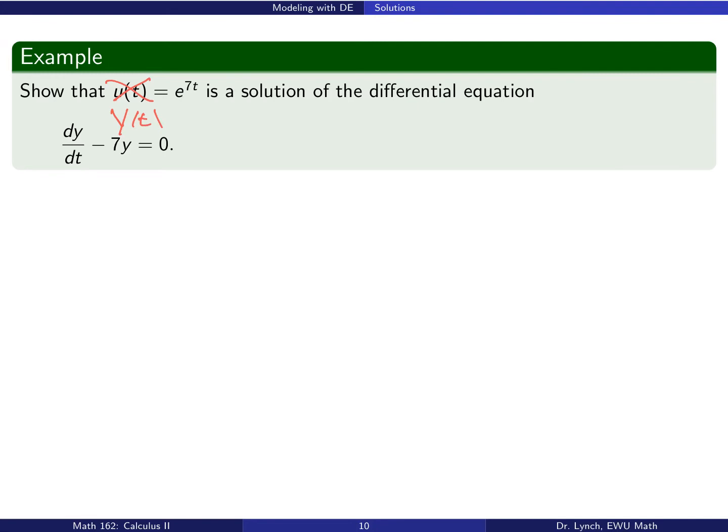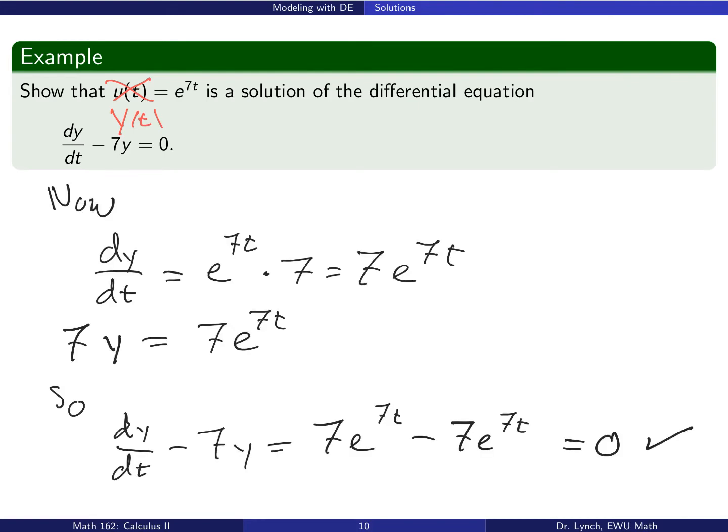Now, we know how to take derivatives of these functions since we know how to take derivatives of exponential functions. Since dy dt is 7e to the 7t, we can see that dy dt minus 7y is just 7e to the 7t minus 7e to the 7t, which is 0, making the equation true. Hence, e to the 7t is the solution of this differential equation.